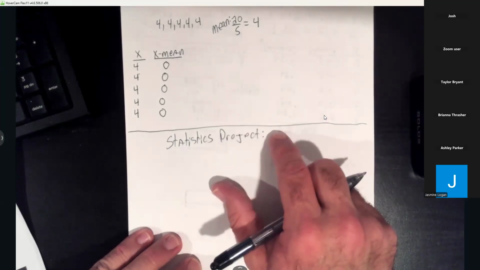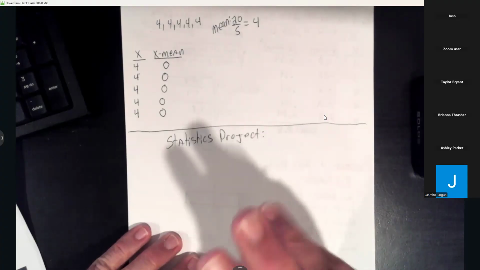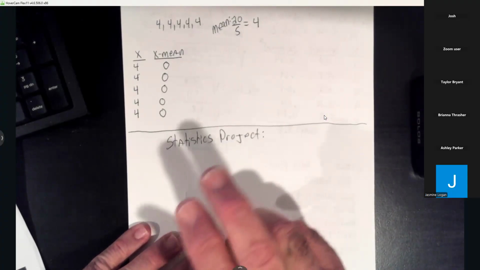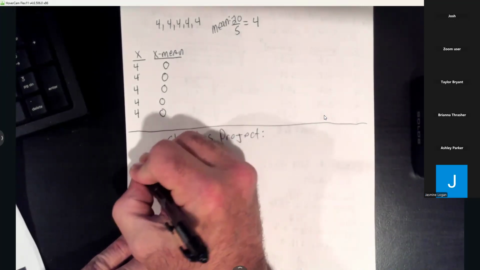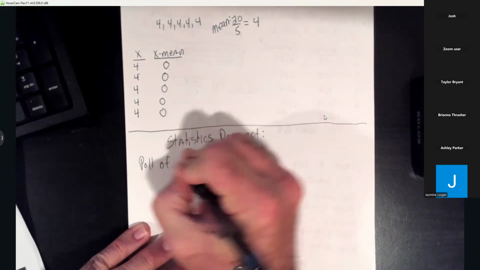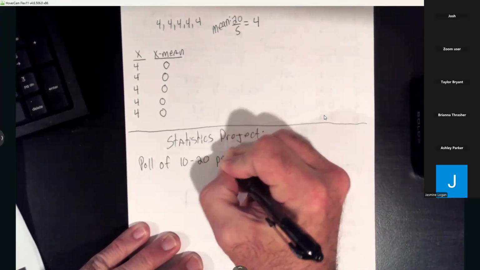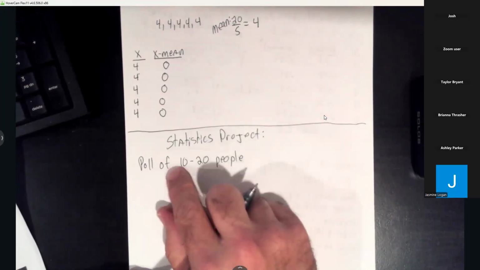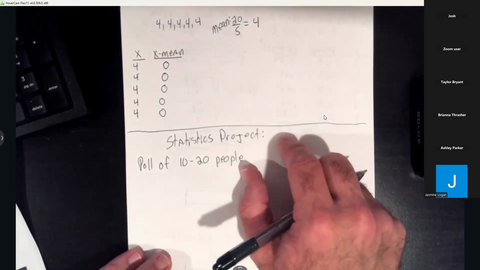So your task, and let's say by next Tuesday, y'all have some kind of topic y'all want to research. So I need y'all to poll. So you're going to take a poll of 10 to 20 people. Okay, so social media, y'all shouldn't have no issue finding 10 or 20 people to ask them a question.